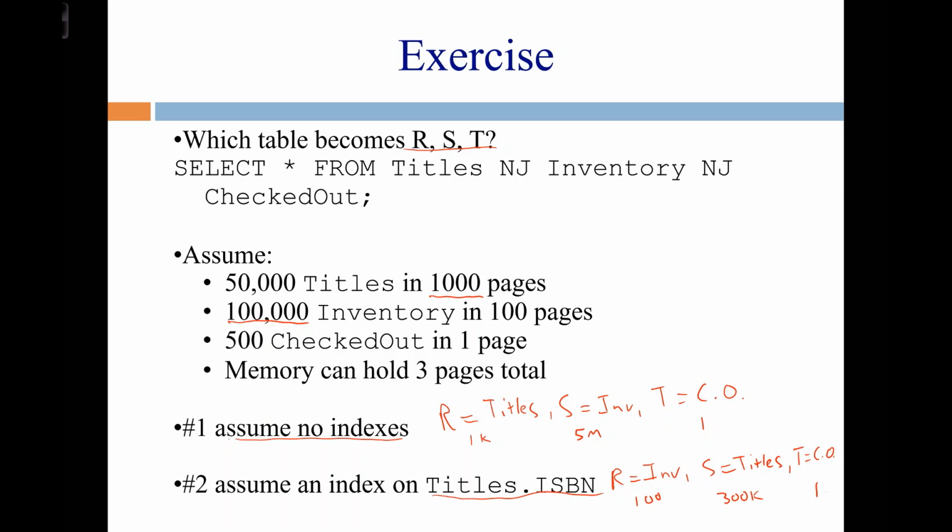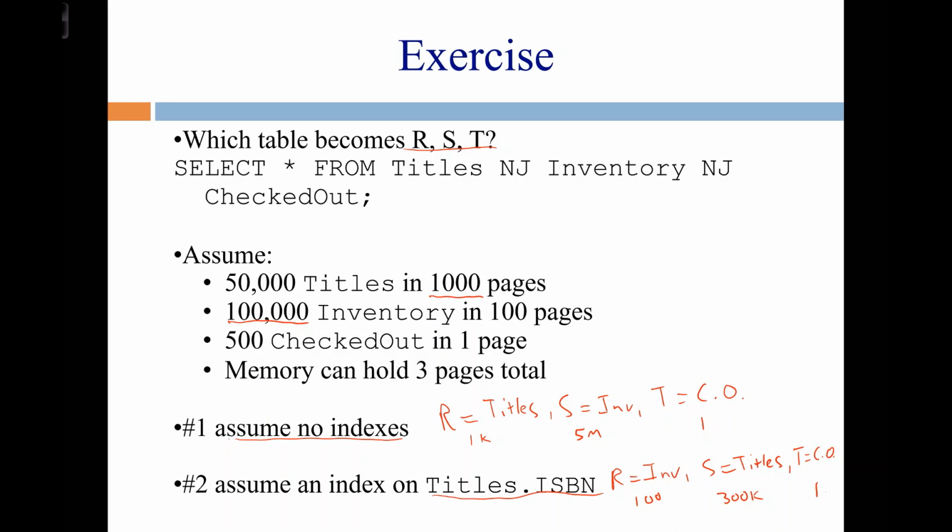If we were to swap S and T, that wouldn't really change the totals here. We're still caching checked out, so it's never going to need to be loaded more than once. And if the titles was on the inside, we'd still have to do approximately 100,000 lookups into that index, because there are 100,000 potential matches with records from the inventory table.